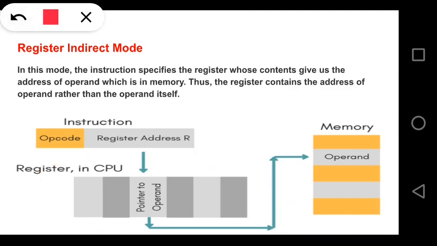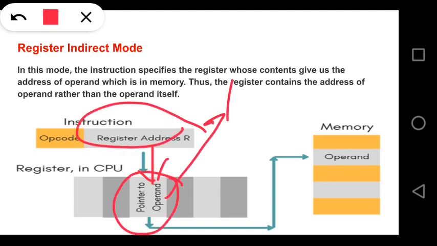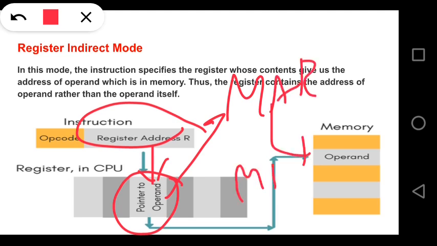And the disadvantage, one can easily identify: you require some extra memory fetch for fetching an operand. First you have to go to the registers and fetch the address, store the address in the MAR, memory address register, go to memory, fetch the value in the MDR, and place that again in the registers.